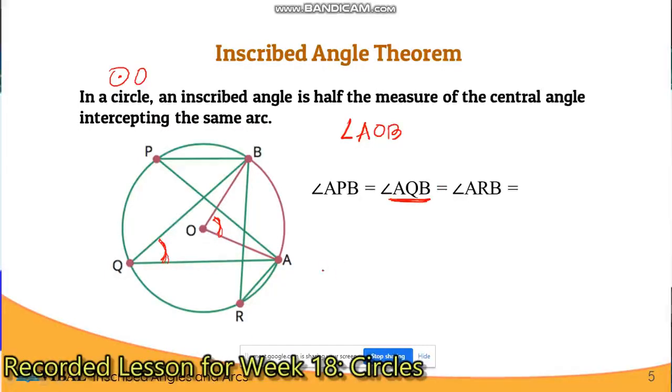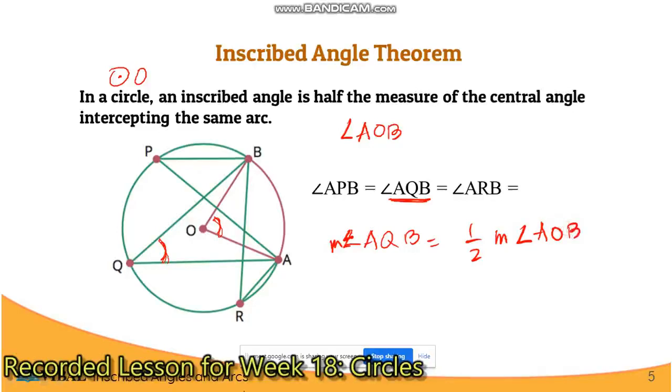According to the theorem, the measure of the inscribed angle is half the measure of the central angle. Therefore, the measure of angle AQB is equal to 1/2 of the measure of angle AOB. Kalahati ng central angle ang measure ng inscribed angle.